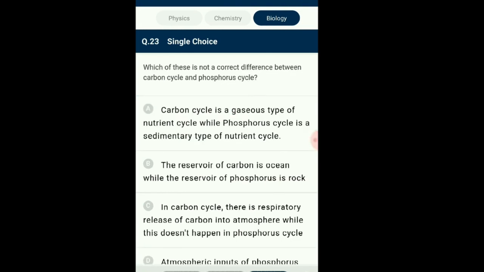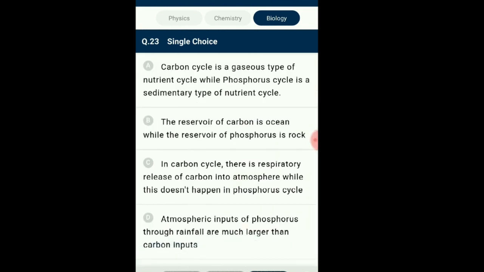Question number 23. Which of these is not a correct difference between the carbon cycle and the phosphorus cycle? The reservoir of the gaseous type of nutrient cycle, example nitrogen, carbon cycle, exists in the atmosphere, and for the sedimentary cycle, example sulfur and phosphorus cycle, the reservoir is located in Earth's crust. 71% of carbon is found dissolved in oceans.